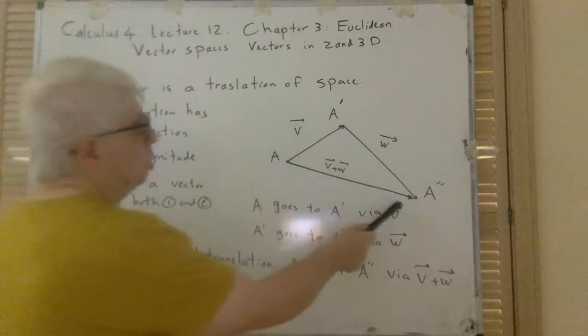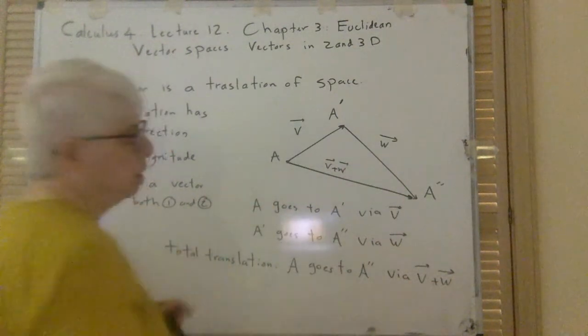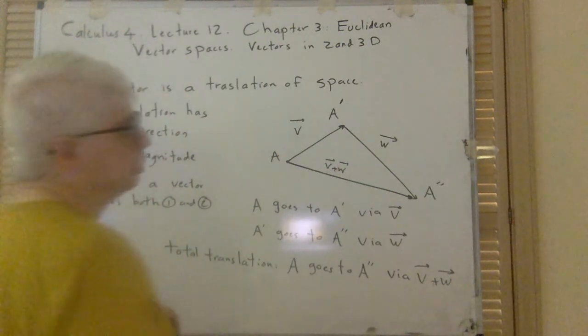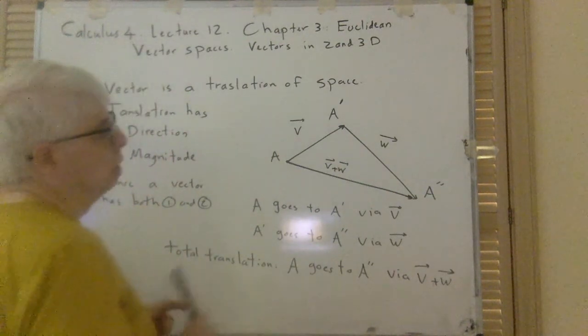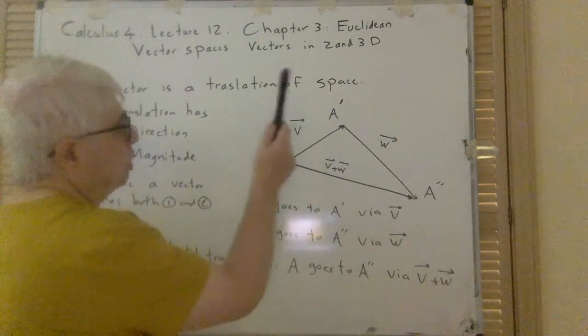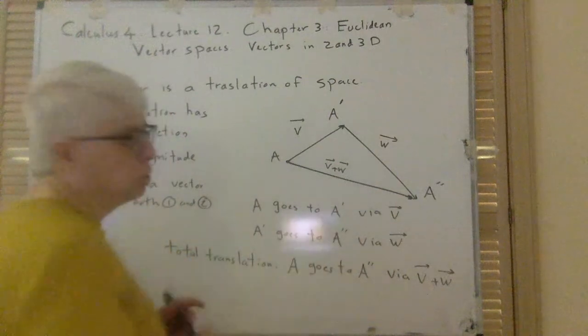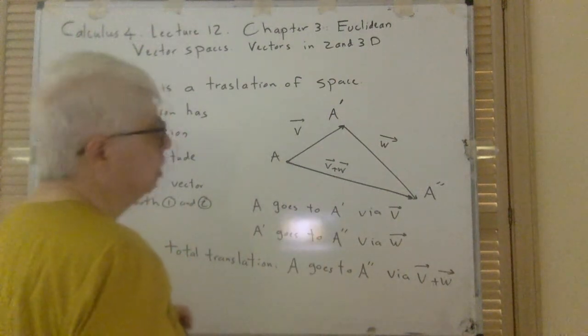So from here to here, we can say that it is translated via V plus W. So this vector plus this vector, in fact, is this vector. So V plus W is defined this way.